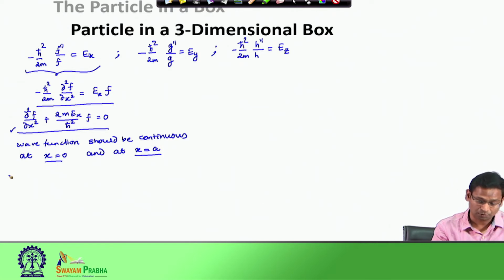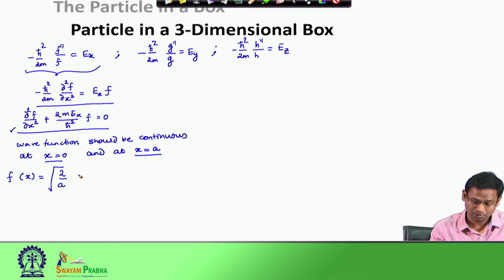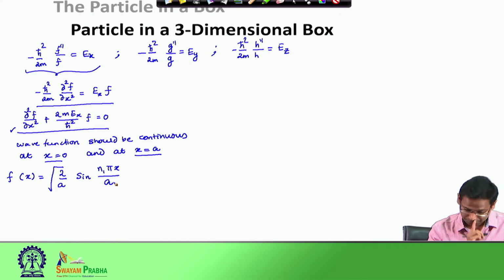In that case, what I would get is that the function f, which will be a function of x, will be square root of 2 by a times sine of n1 pi x by a. Please compare this function with the one-dimensional particle in a box problem.